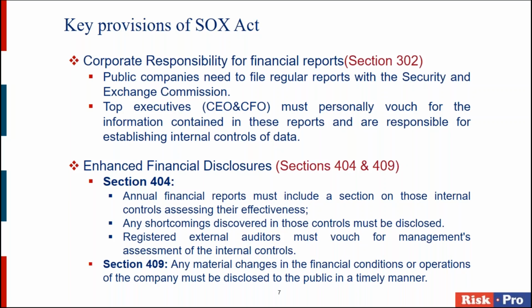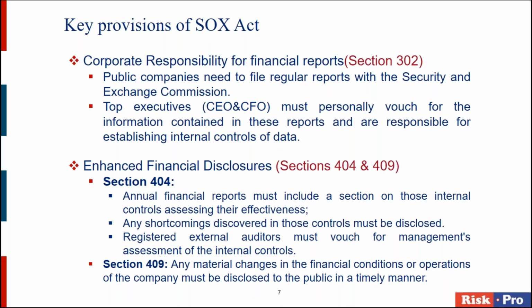Then other key provisions are section 404 and section 409. Section 404 requires annual financial reports to include a section on these internal controls assessing their effectiveness. Means they have to assess the effectiveness of internal controls.